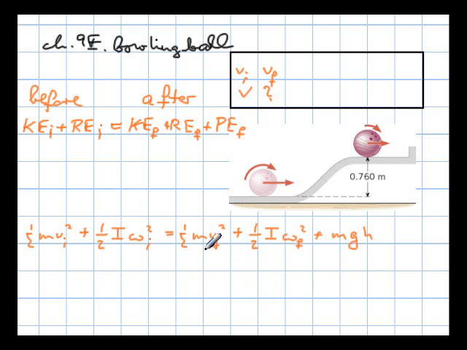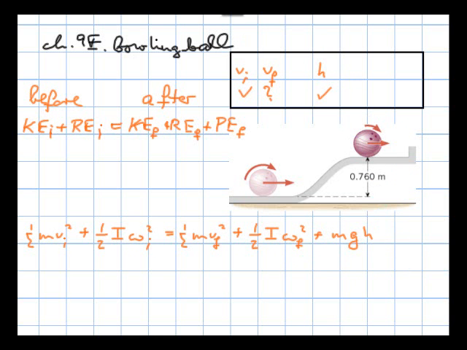And then there's the mass in here, which is not given in the problem, but I think we can assume, as we're familiar with the energy equations, that the mass will divide out at some point. And then there's the moment of inertia in there, which I also substitute in just a moment. And then of course there's the height there. I might as well write that one down. The height, that one is given, 0.76 meters, and gravity of course is implied.